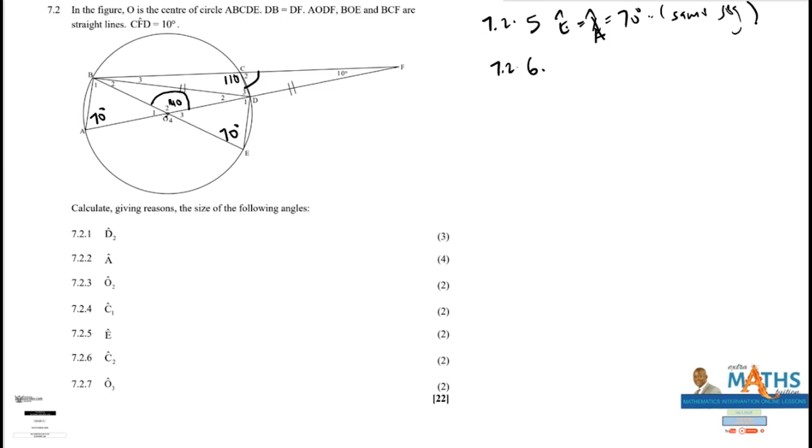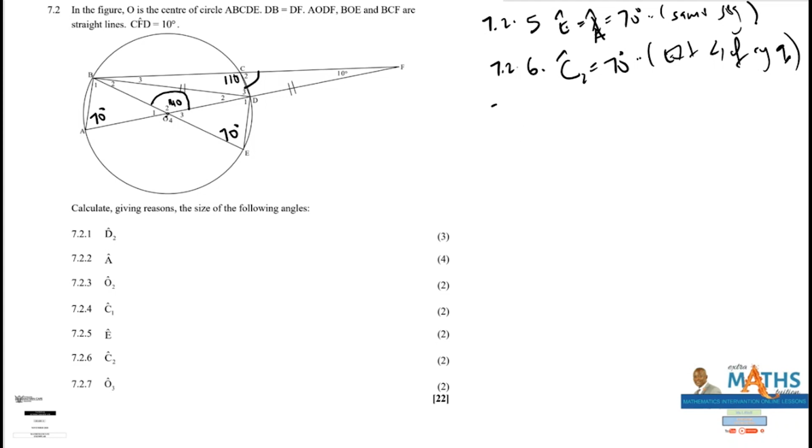But since now it's in my blood to use cyclic quadrilateral, I can check for a cyclic quad. Since C2 is an exterior angle, then wow, C2 is an exterior angle of angle A. Again, C2 will be 70. Let me use the strategy and say angle C2 is equal to 70. Why? It's an exterior angle of a cyclic quad.